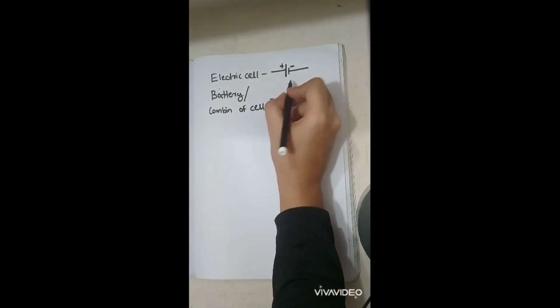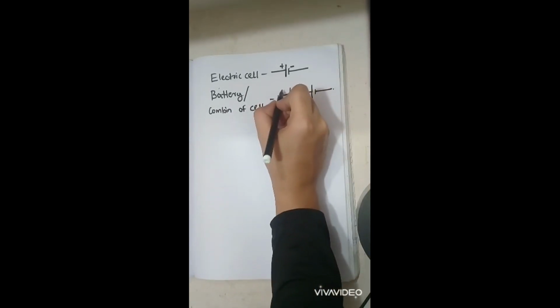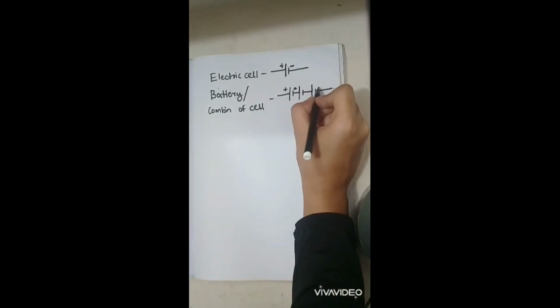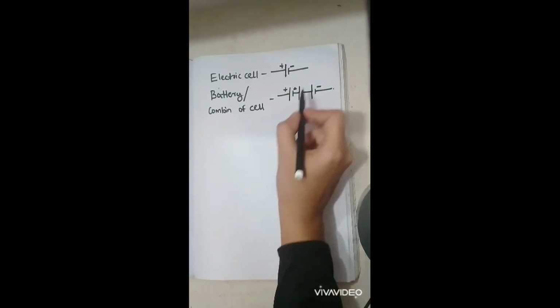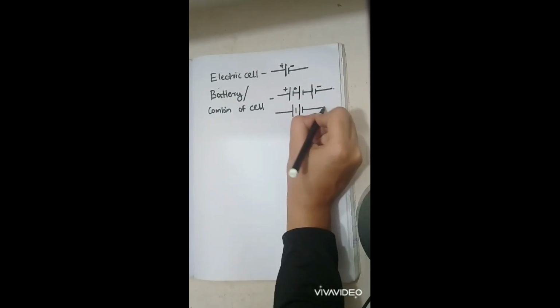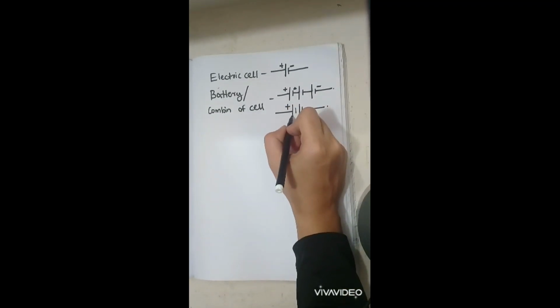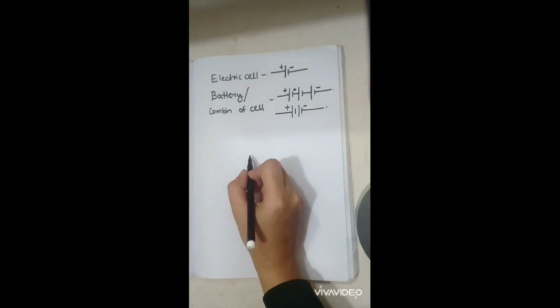That is, the symbol will be, yes, this is positive, and this is the negative of the battery, or we can simply draw it like this. Okay, this is also correct. This is positive and this is negative.